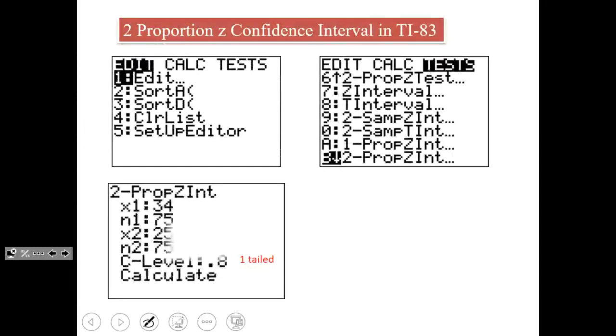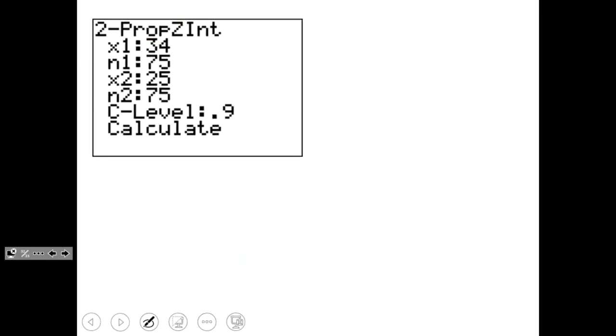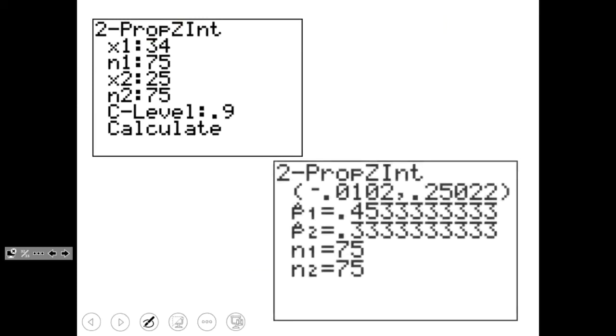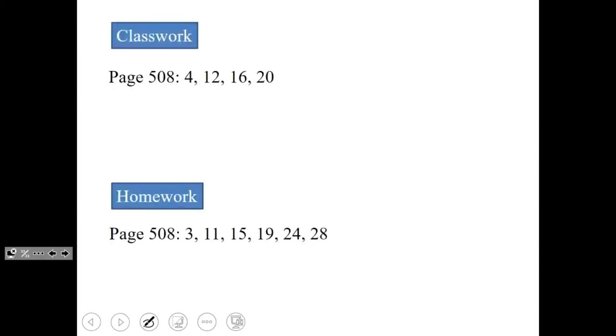If I increase my confidence too high, I'm going to end up catching 0 inside of my interval. If I catch 0 inside of my interval, then how could I possibly reject there being no difference? So our warning here is don't go too high in your confidence level. We have to be aware of that.